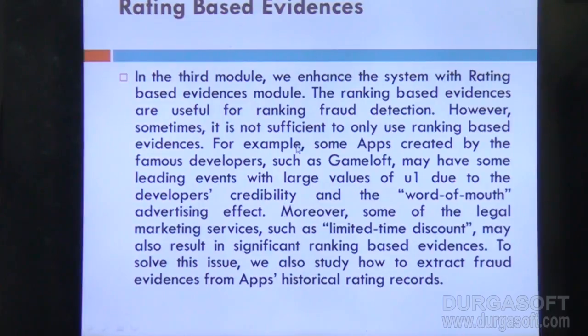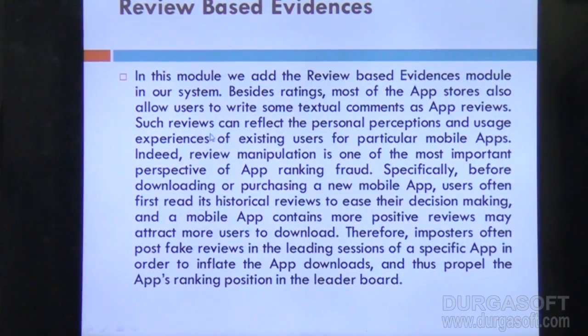Rating based: most of the people bluff the customers by putting wrong ratings. So if you want to avoid that, we have to collect the evidences based on the rating also. And review based: nowadays reviews are very famous, not only for mobile apps but other criteria also.